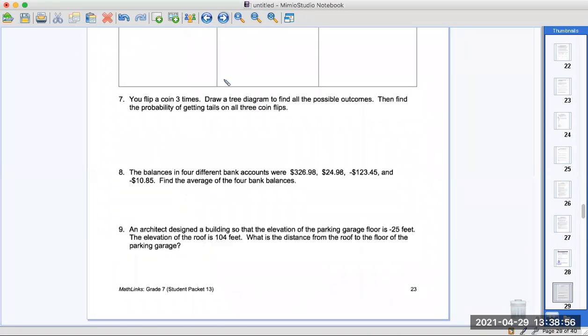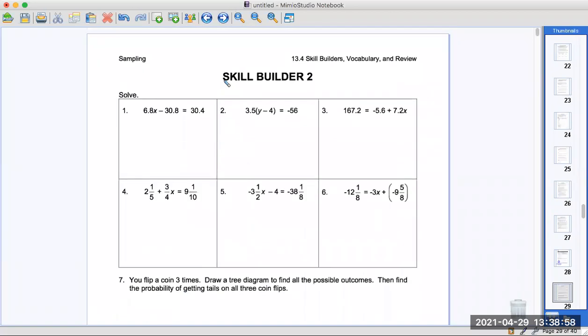The next page is Skill Builder 2. You don't have to do 5 and 6, but I wanted you to see a shortcut. When you have these decimals, you can just move your decimal one spot and rewrite if that helps. And make them whole numbers instead of these decimals, right?